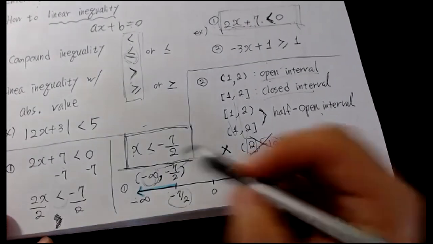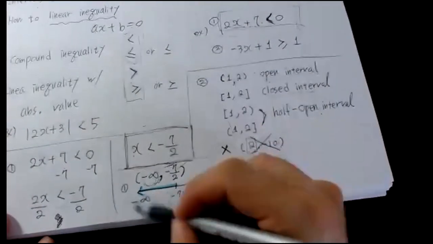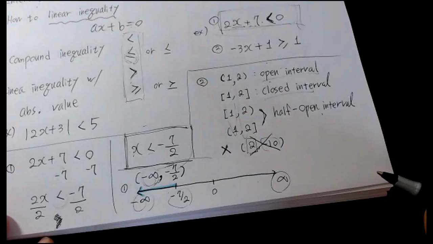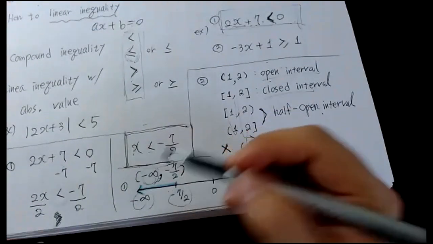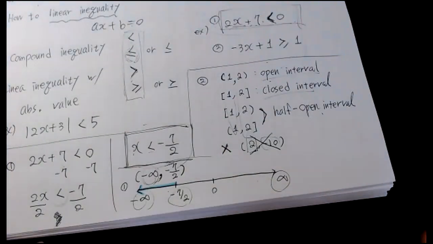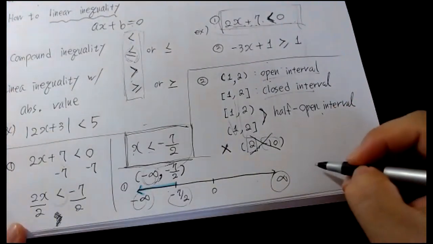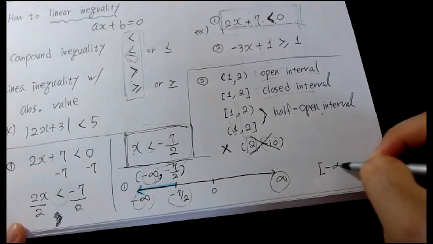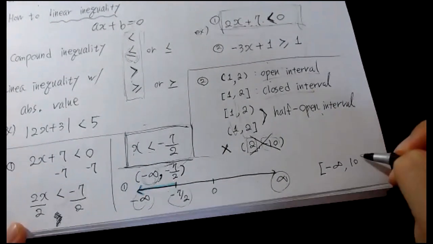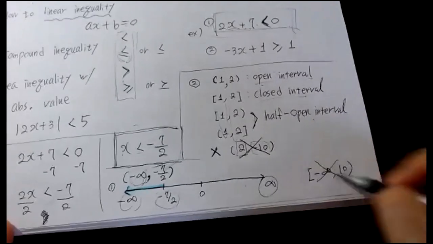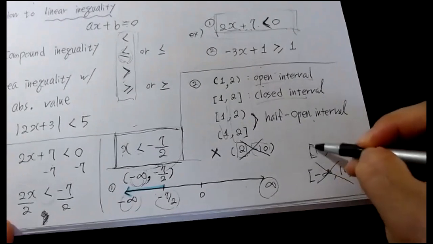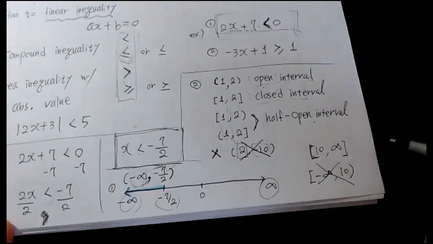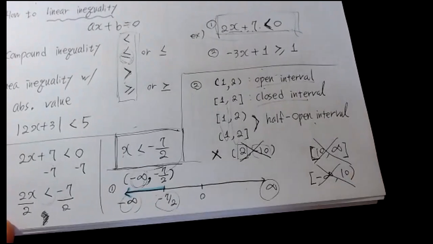Why? Because negative infinity and positive infinity are symbols, not actual numbers. So we have to use the open notation, not closed. If you get an expression like closed negative infinity to something, for example 10, that's not the right expression. Or 10 to positive infinity with a closed bracket, that's a wrong expression. There is no such expression.